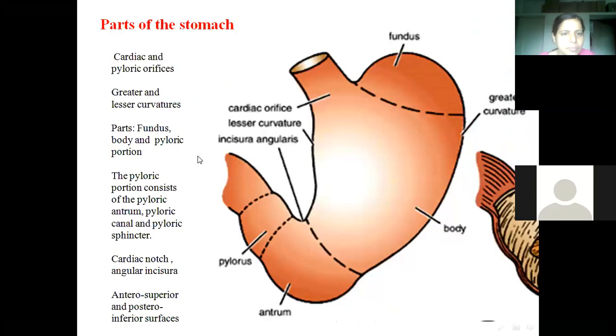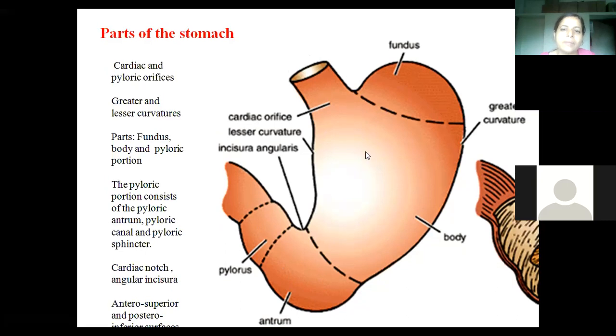Now see here, the presenting parts of the stomach. The stomach is in continuation with the esophagus, and the part of the stomach in continuation with the esophagus you call the cardiac orifice. The part of the stomach which is in continuation with the duodenum is the pylorus.